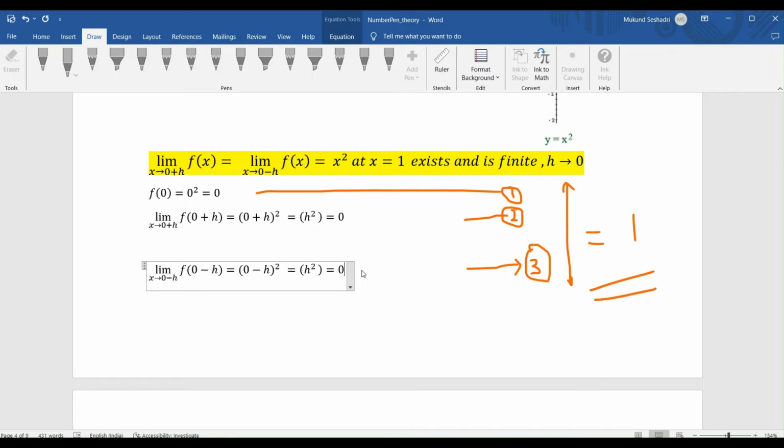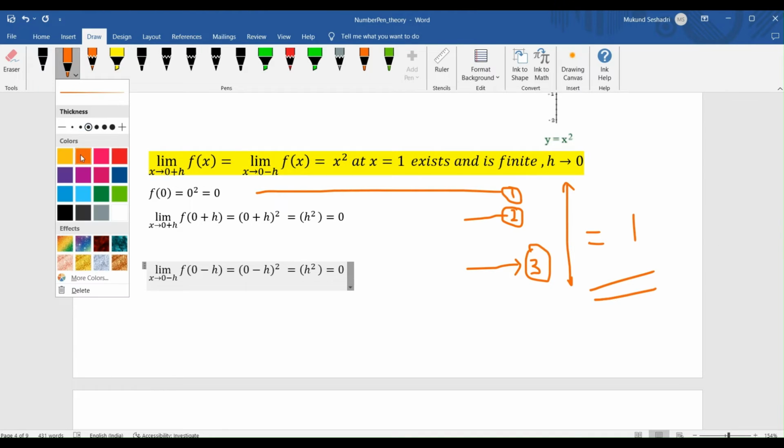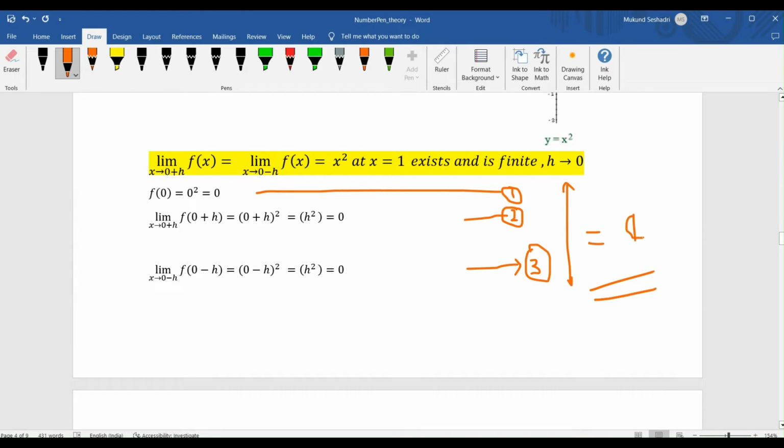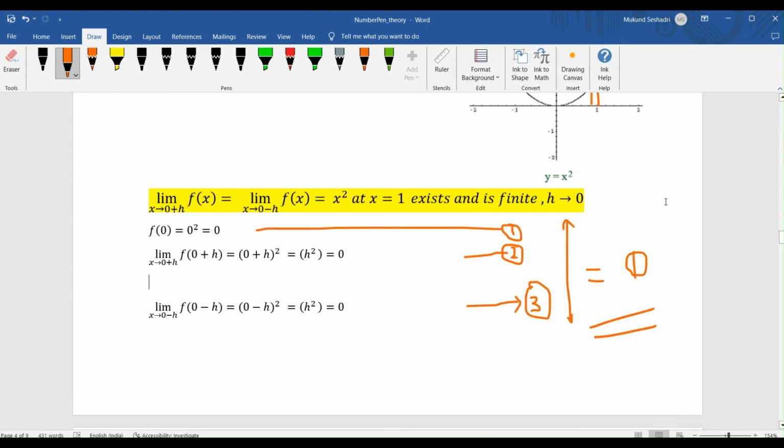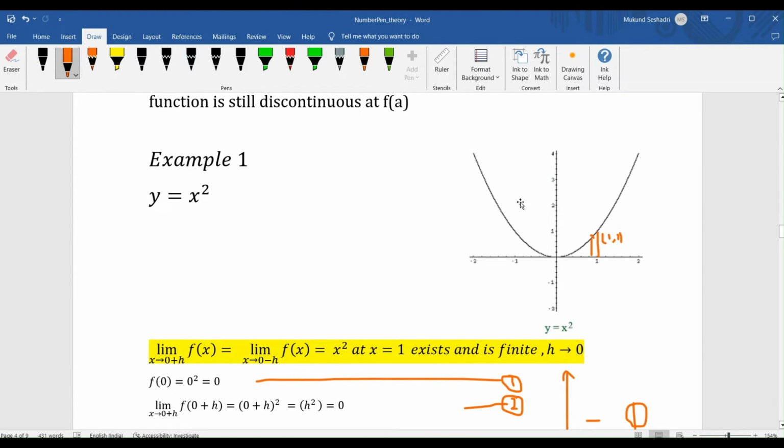So here again, we see that equations 1, 2, and 3 are all equal this time to 0. Which means, going back to the graph, the function is continuous at x equals 0 as well.